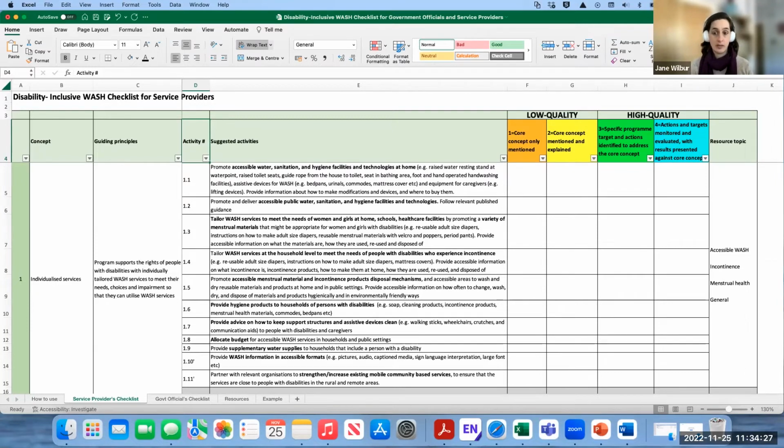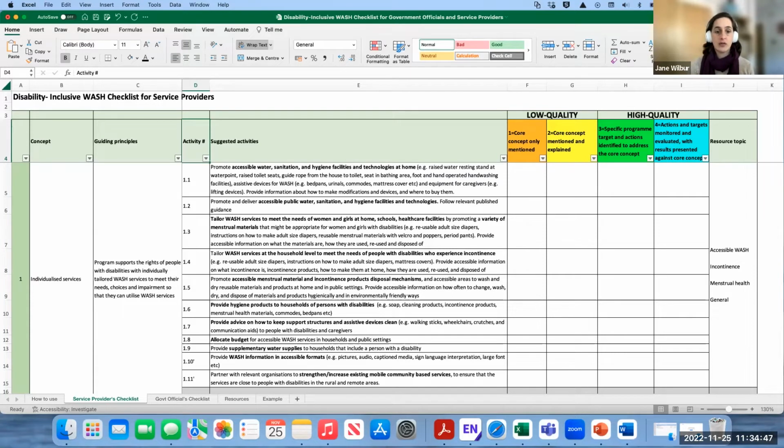There are several columns. On the left, you have concepts, then guiding principles, activity numbers, suggested activities, scoring from 1 to 4, and resource topic. And I'm going to explain each of those columns in turn.